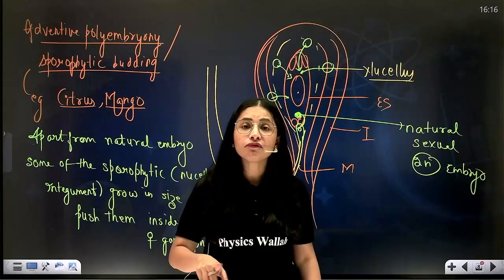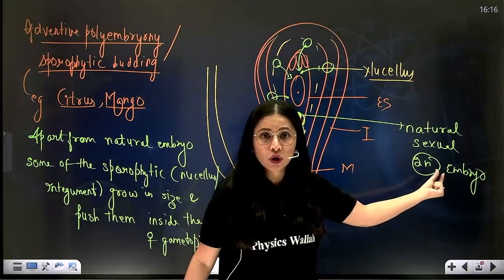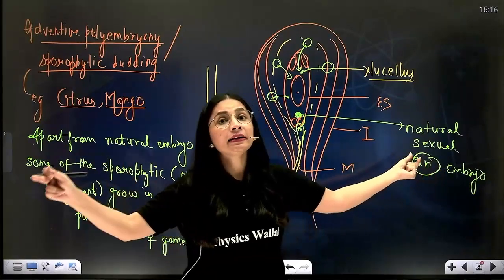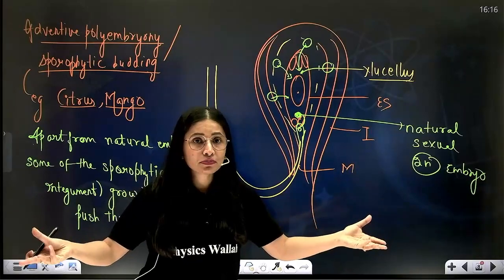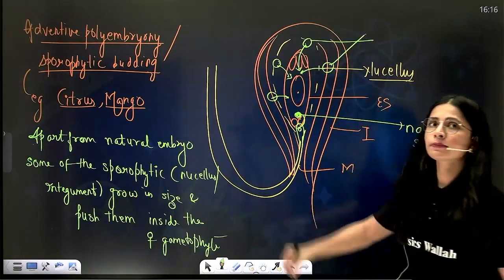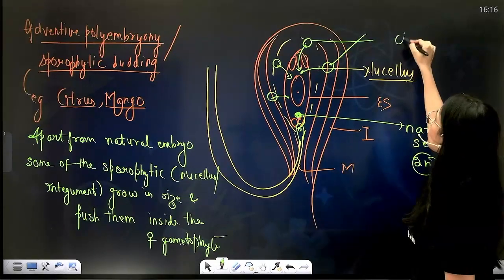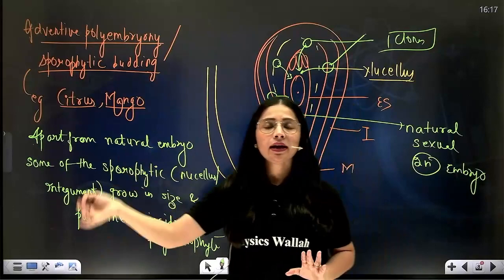So like if this embryo can develop into a new organism, then each cell embryo can also develop into a new organism. The only difference will be the organism developed from the sexual embryo will not be identical to the parent. However, the new offsprings developed due to these embryos will be clones of each other as well as of their parent.